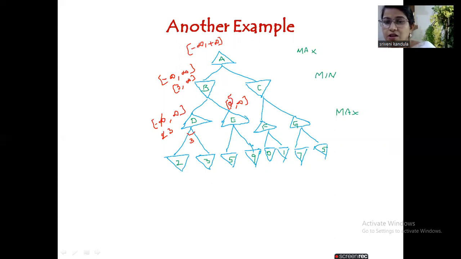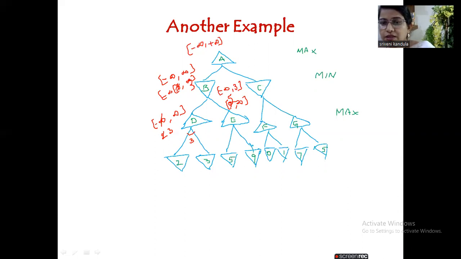Actually, here this is a minimizing player, so the value of beta has to be updated with the minimum among 3 and infinity. The minimum value is 3, so this will be updated with 3. And let's not touch this part; we will keep the value as it is, minus infinity. So the value that is propagated here initially is minus infinity comma 3.